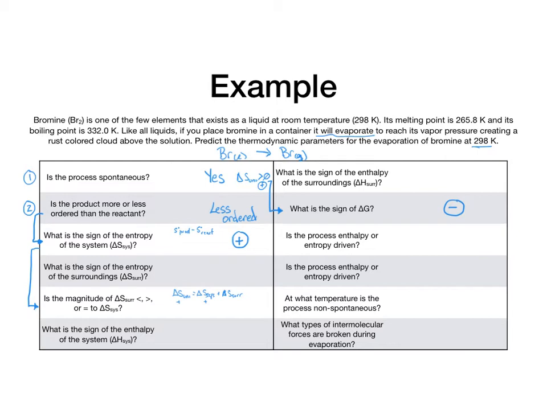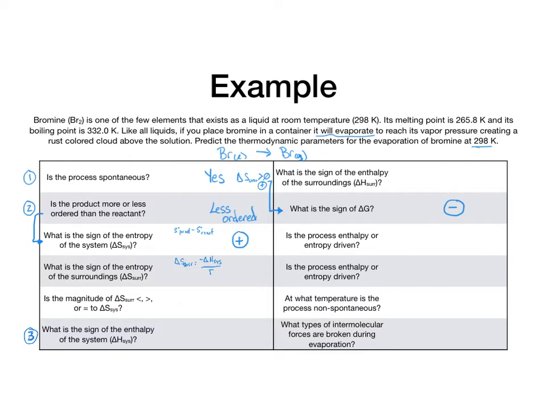We don't know delta S of the surroundings yet. We'll get there. So what is the next one on our quest? What is the sign of the entropy of the surroundings? We can't quite get there yet, because delta S of the surroundings is equal to negative delta H of the system divided by temperature. So we need to get delta H of the system before we can get there.